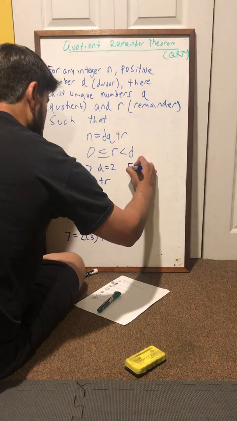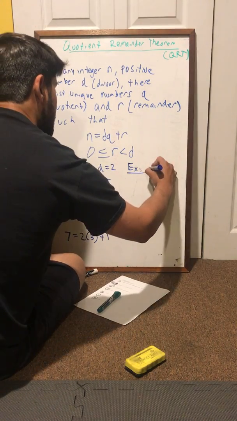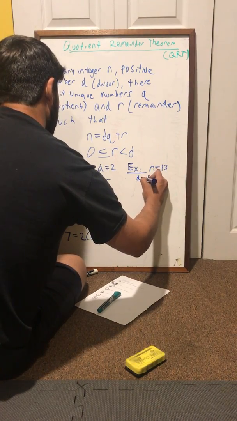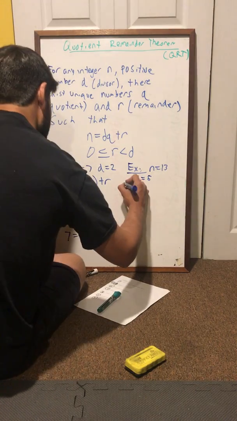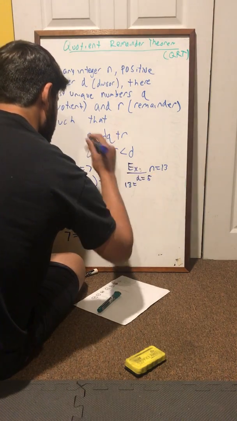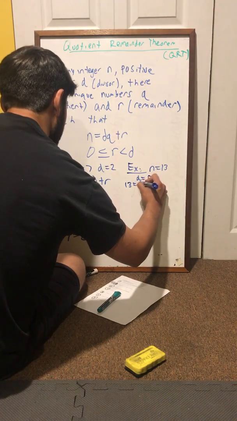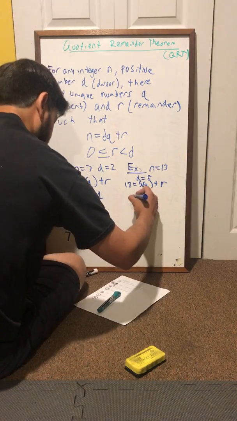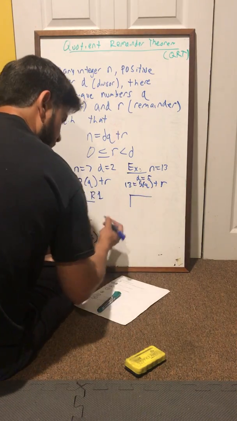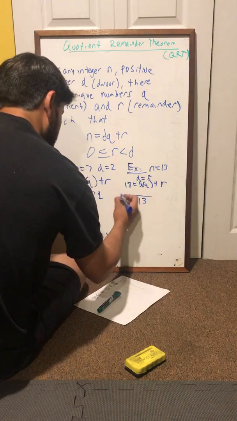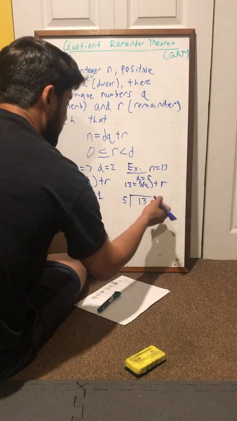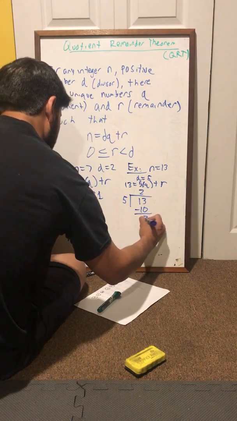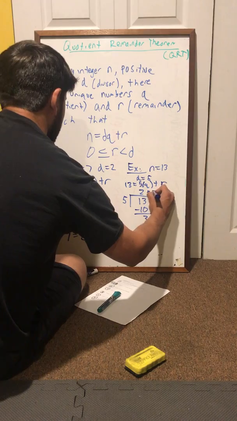Let's go through one more example just to make sure. So now we have n equals 13, d equals 5. Again, we're just going to substitute in these values, 5 times q plus r. Setting up our long division, 13 is the dividend, 5 is the divisor. 5 goes into 13 twice, subtract the 10, we get 3, remainder 3.